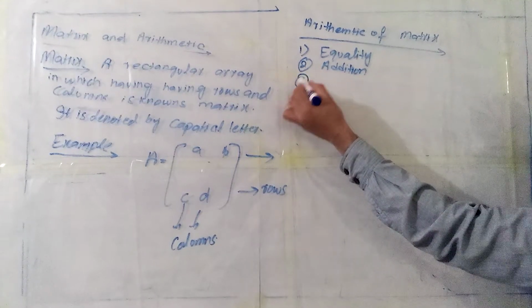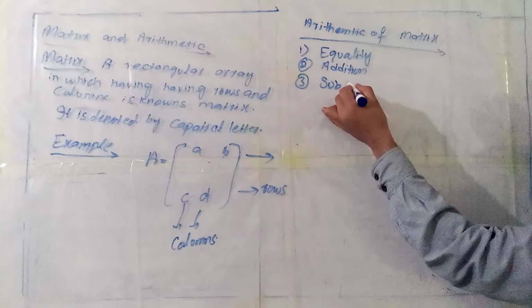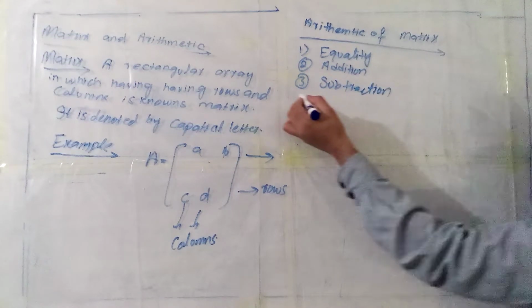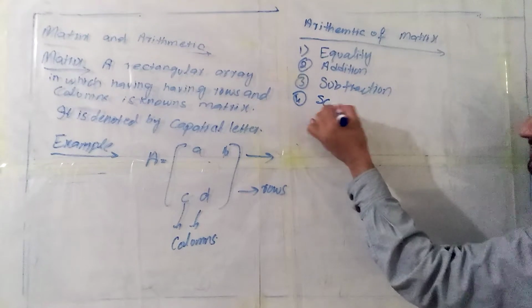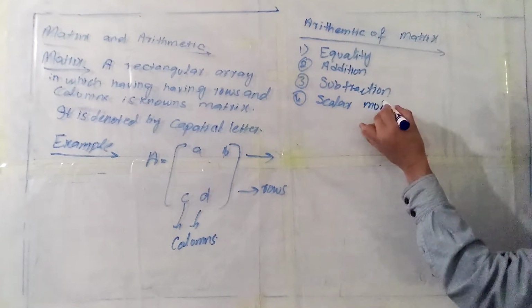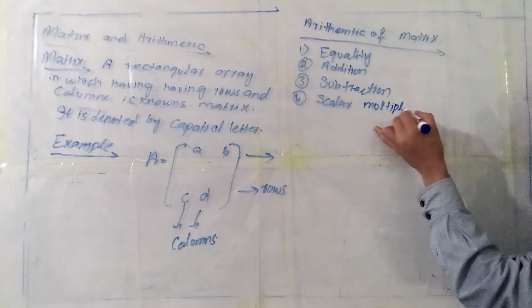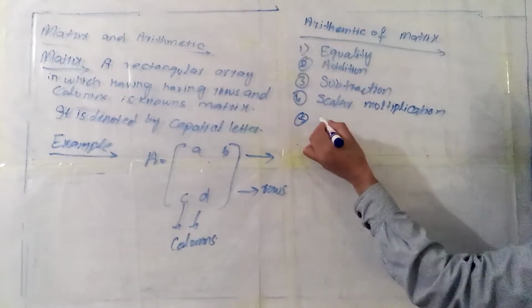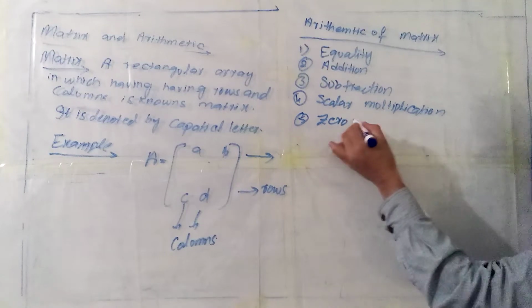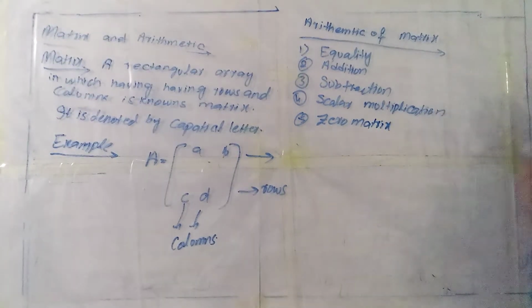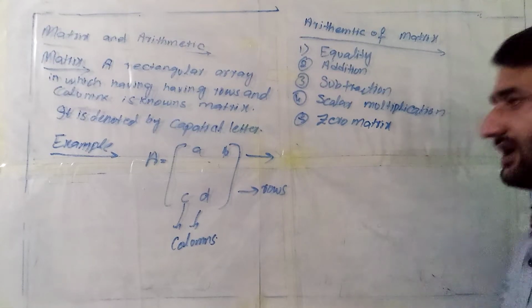Number 3, subtraction. Number 4, scalar multiplication. And number 5 is zero matrix. These are some important arithmetics of matrices.